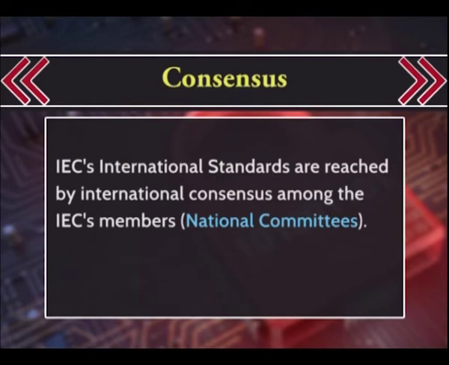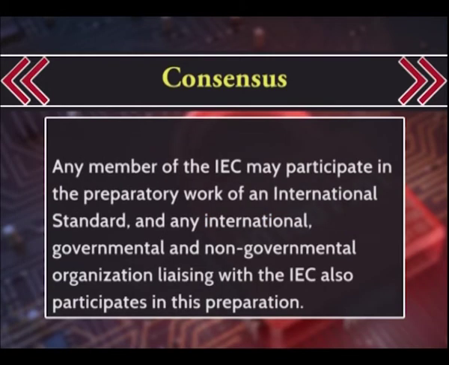IEC's international standards are reached by international consensus among the IEC's member national committees. Any member of the IEC may participate in the preparatory work of an international standard, and any international governmental and non-governmental organization liaising with IEC also participates in this preparation.